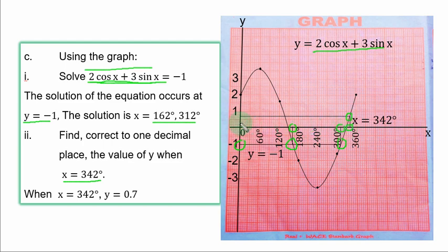And when you trace to the y-axis, notice that on the y-axis one line is 0.1, you have 0.7 for y when s is 342 degrees.